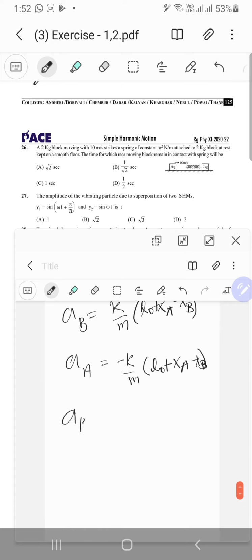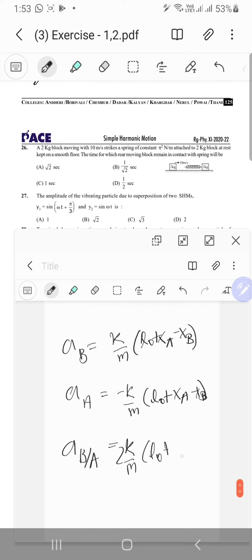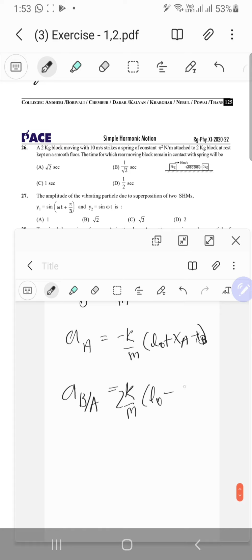So acceleration of b with respect to a, that will be k by m. It's gonna add them, right? So 2k by m, L naught plus xa minus xb. Well, that's actually more like minus, x of b with respect to a.